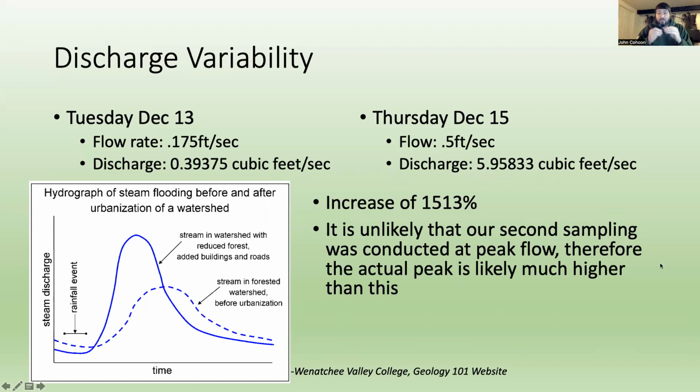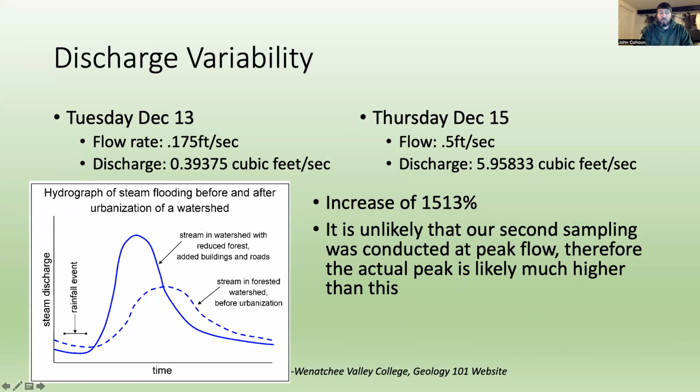So that very, very small amount of rain caused a 1,513% increase in the volume of water that was moving through the creek during those two different points in time, which I found to be hugely interesting and also very concerning at the same time.